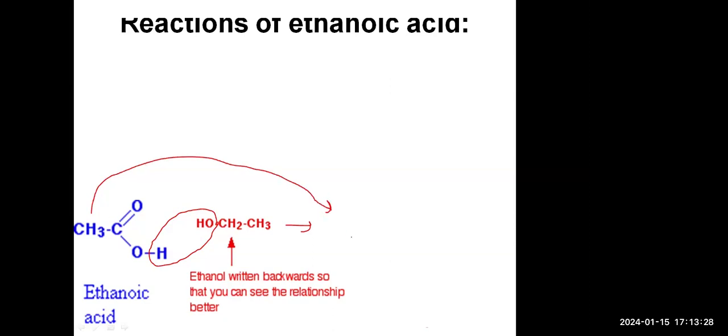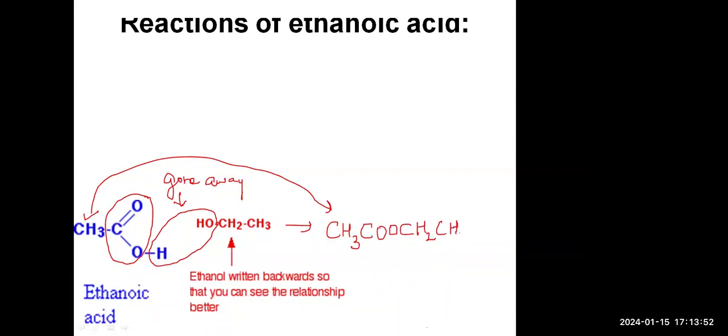Here we get CH3, then C double O, this part we have written C double O, then this water molecule has gone away, so the remaining part CH2CH3 binds with it. This is the water molecule which got removed, right? This is called ester.